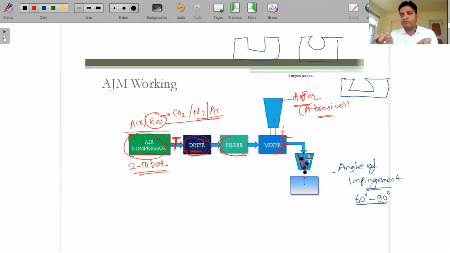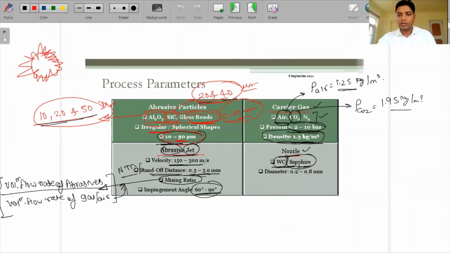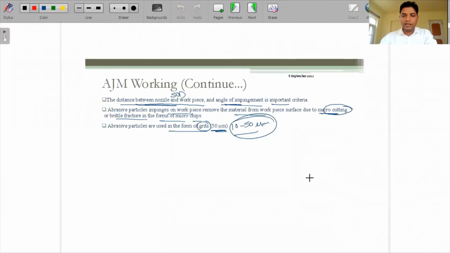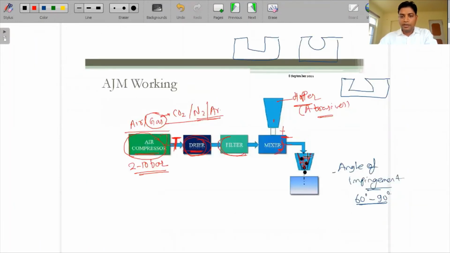So there will be wear as well. Please keep in mind, that is why we are using this harder material, which has very high wear resistance. The diameter that we are using is in the range of 0.2 to 0.8 mm, as I already mentioned, guys. Using adjustable boundaries, if we have to reduce the diameter we can move them inside, and if we have to increase the diameter we can move them up to the final boundaries. So this can vary from 0.2 to 0.8 mm.